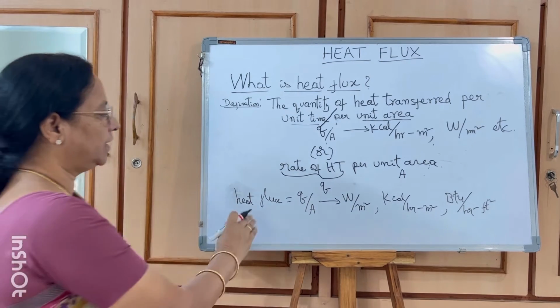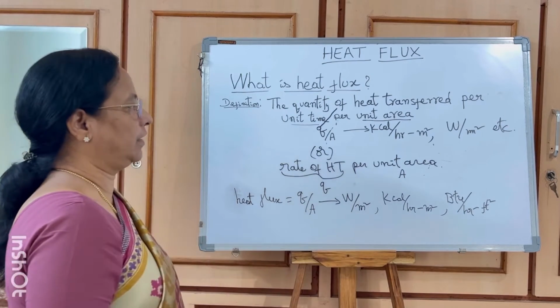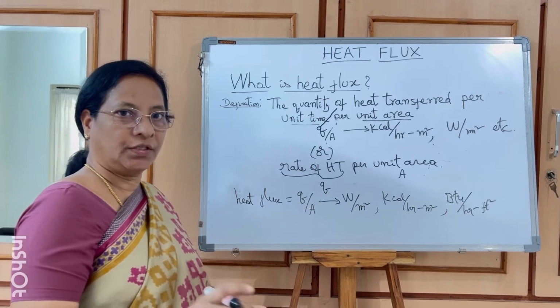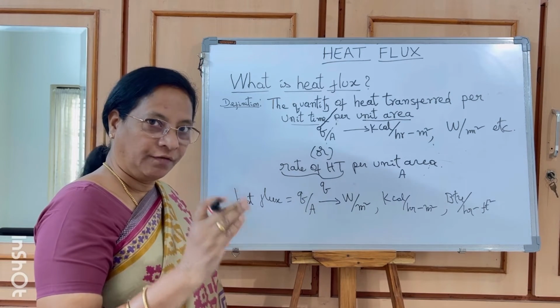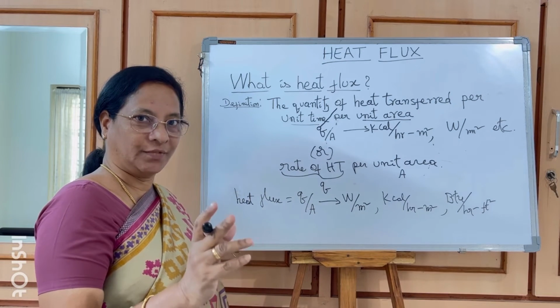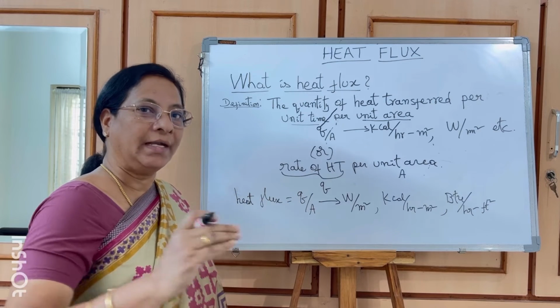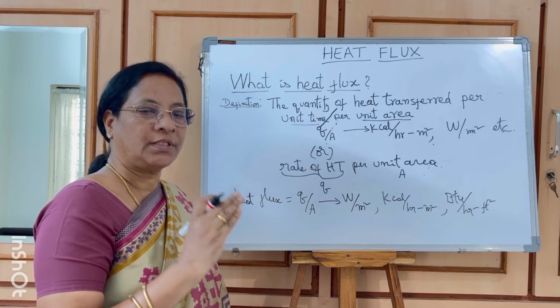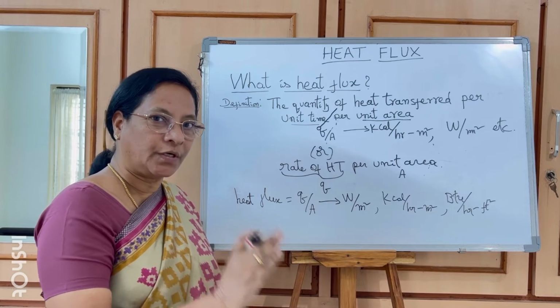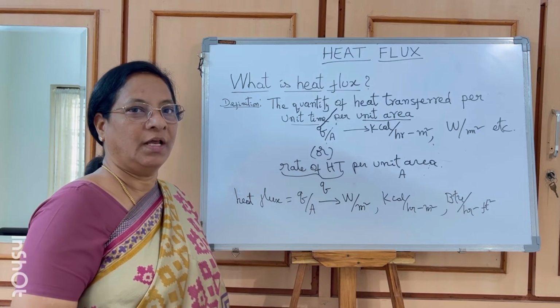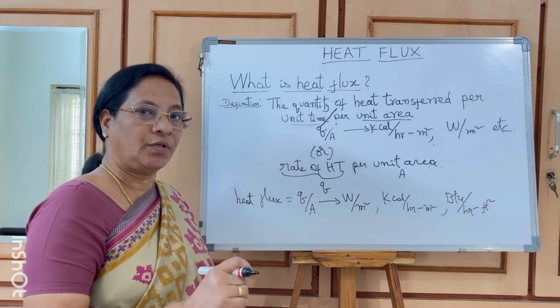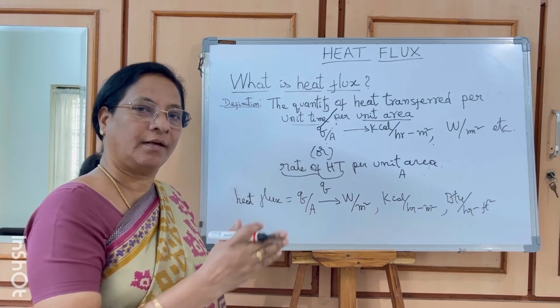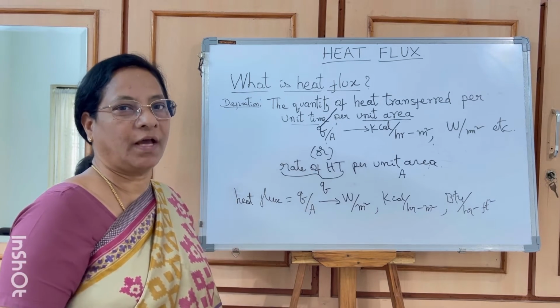These are the units for heat flux. So now you understood two terms: rate of heat transfer and heat flux. Q is the rate of heat transfer, the quantity of heat transfer per unit time. The quantity of heat transfer per unit time per unit area is called heat flux, Q by A.